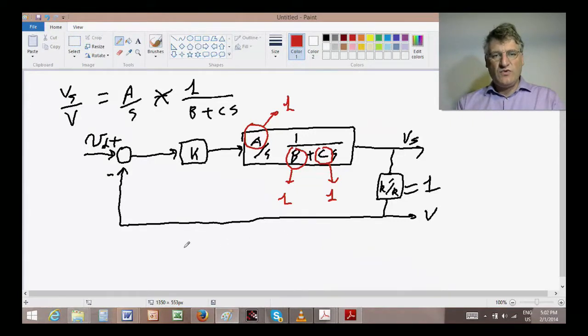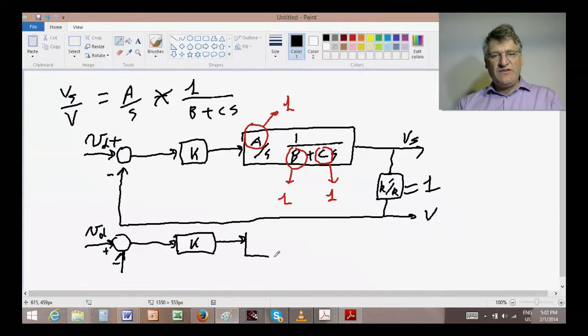That way, we obtain a much simpler system for the purpose of simplifying our analysis. We have VD here. We have the difference here. And again, we'll talk more at length about how all this works. We have the parameter K here, which is tunable via our variable resistor.